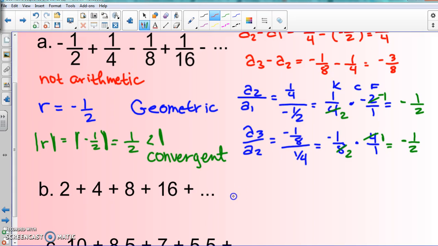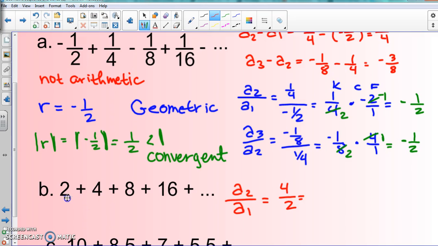So here, I'm just going to go backwards this time, so it doesn't matter what order you do it. I'm going to start with common ratio this time, not because you have to, but just because I want to. So it's up to you whichever direction you want to go, but you've got to check them both if it doesn't work for the first one.